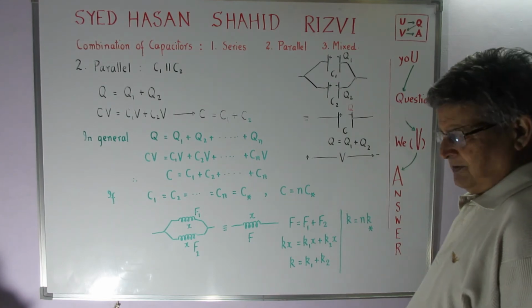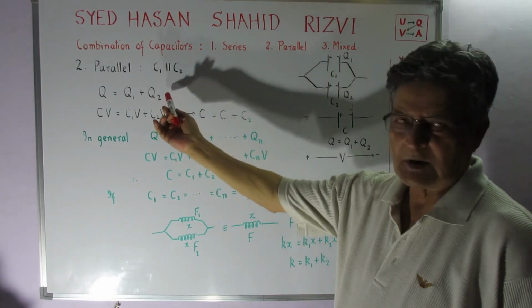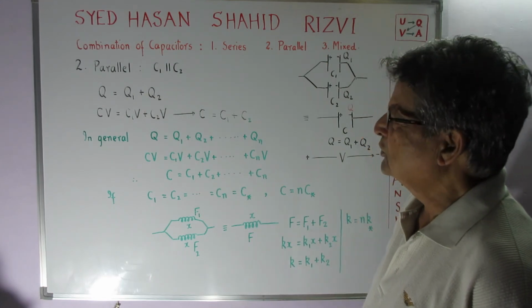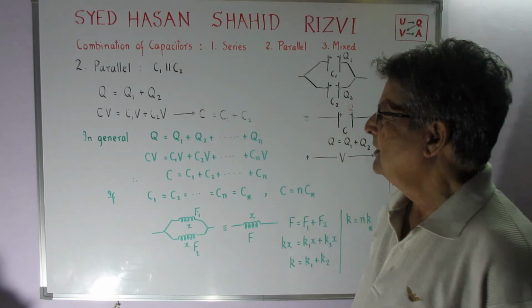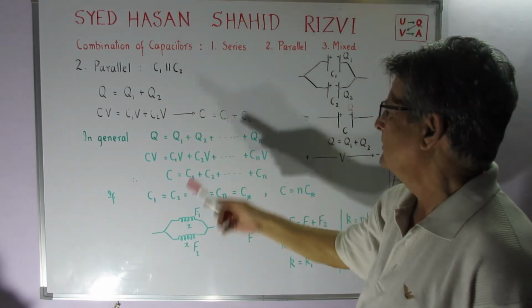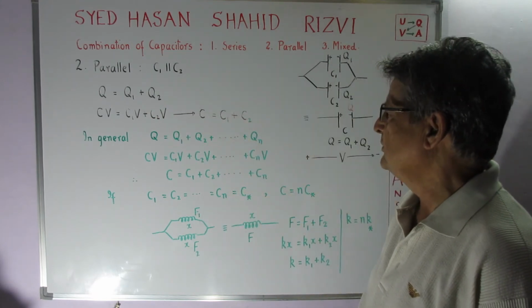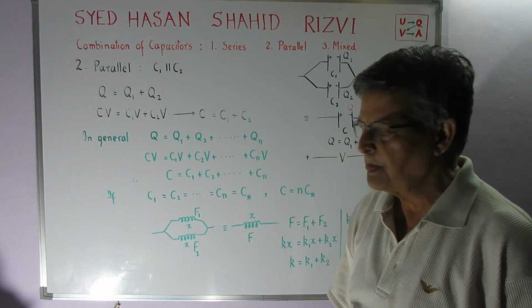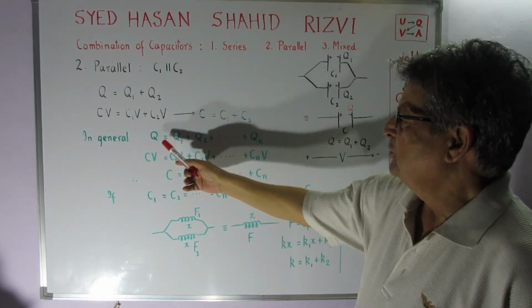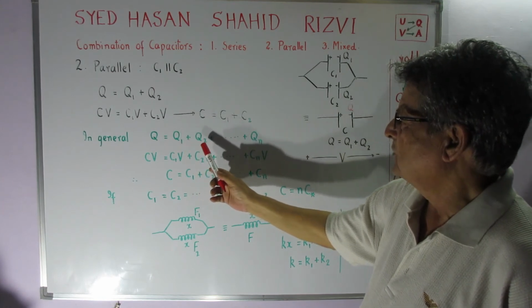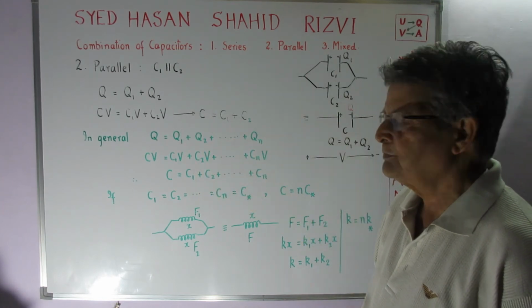So I can write very simple: Q is equal to Q1 plus Q2, and from Q is equal to CV, I can write CV is equal to C1V plus C2V, which will give C is equal to C1 plus C2. Very simple. In general, the charge Q will be equal to Q1 plus Q2 plus Qn.